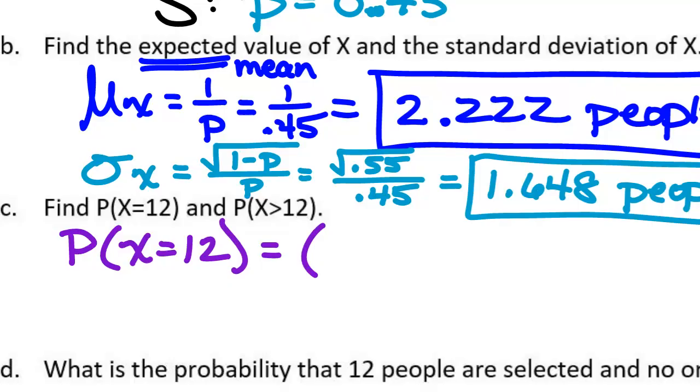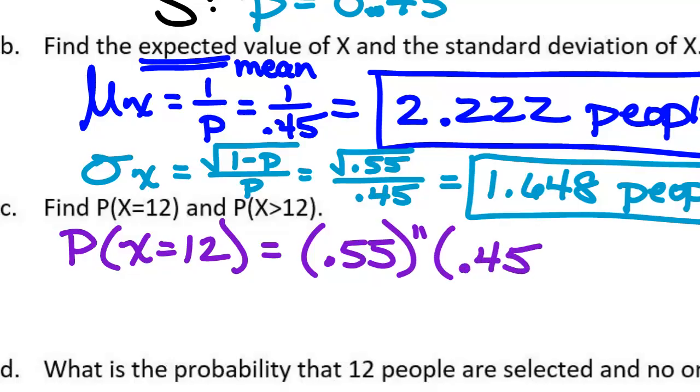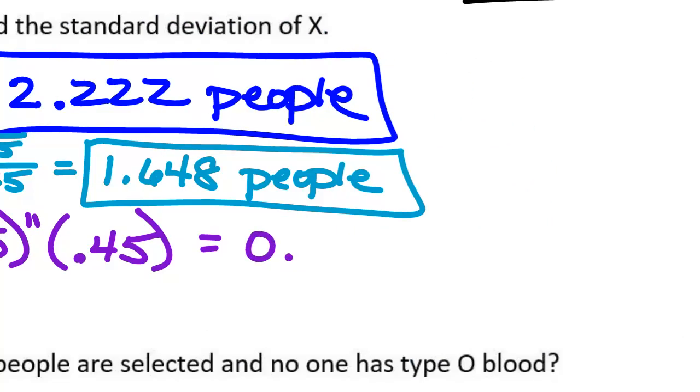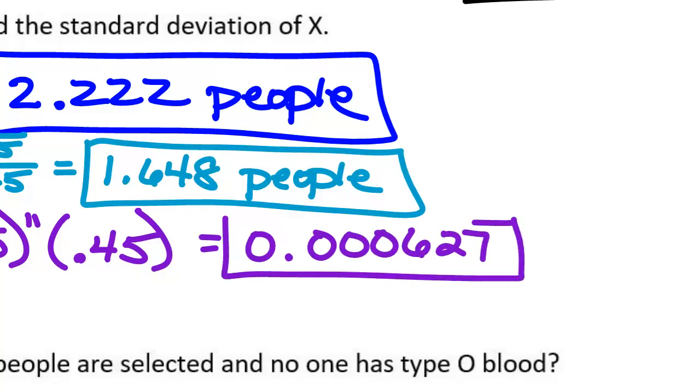What's the probability of failure? 0.55. So this would be 0.55 to the 11th times 0.45 to the 1. Do you have to put the 1 there? No, it doesn't matter if you have the 1 there or not. And we get 0.000627.